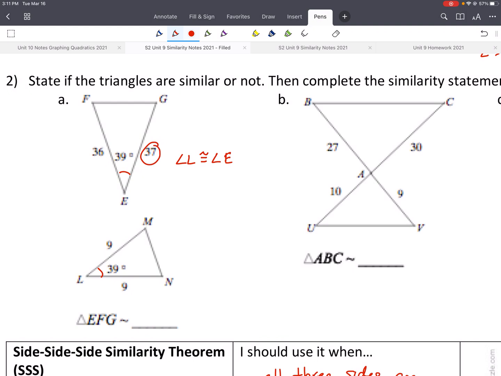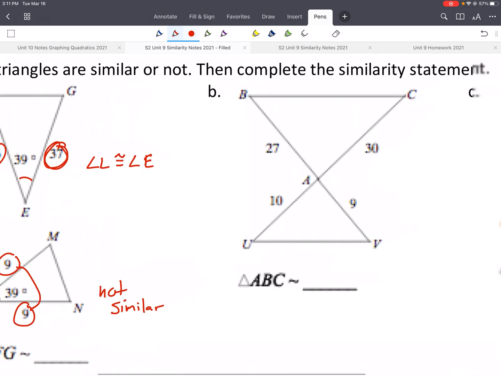So maybe we'll do largest to largest. Oh, but right away I can see that these two are the same. If the 9s were the same, then this should be like a 27, and this should be a 27. So right away we could say not similar.